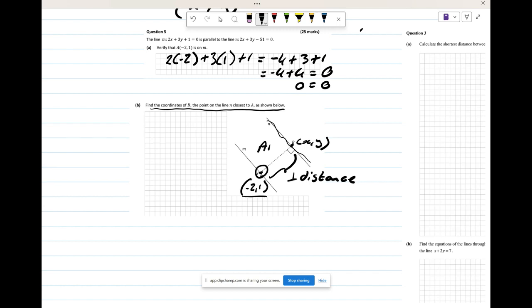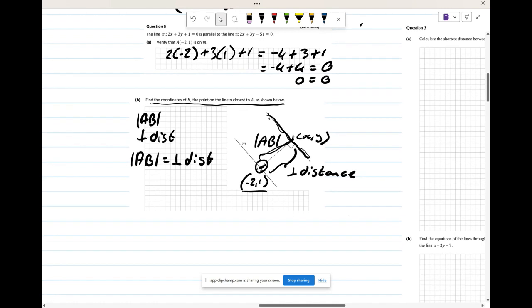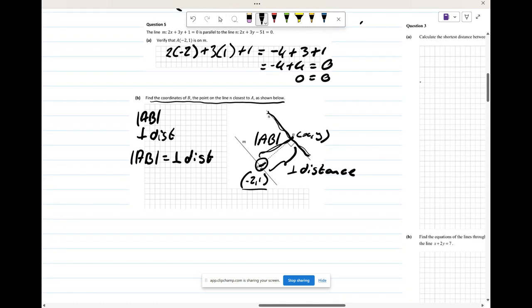If we say AB is the distance from A to B, we can let AB equal the perpendicular distance, because they should be the same number. The distance from A to B is the same as the perpendicular distance from A to N. So if they're the same thing, we're going to have some variables in terms of x and y, and we're going to solve them.